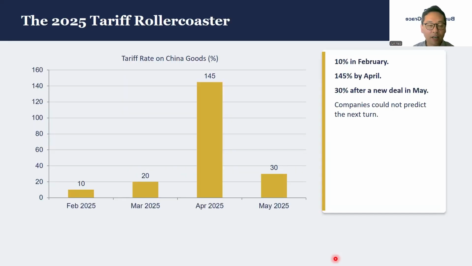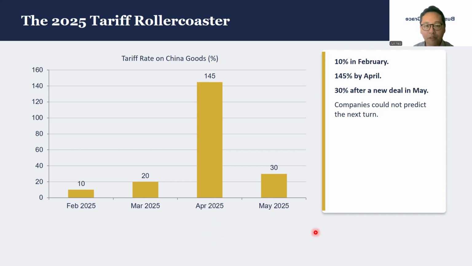In 2025, the US tariff on China moved like a roller coaster. It started at 10% in February. It jumped all the way to 145% in April. Then it dropped to 30% after a new trade deal in May.